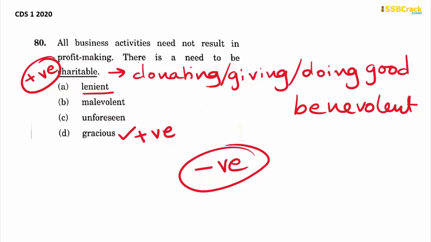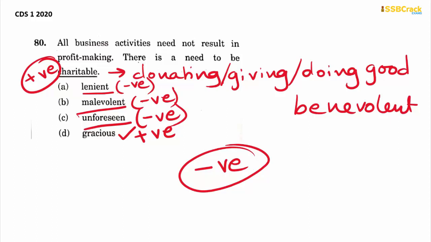Lenient means when you are inactive, when you are lazy. It's a negative word. Malevolent, when you are not doing good to the society. You are destructive, on the other hand, doing harm to the society. It's a negative word. Unforeseen is also a negative word, when you do not know what is to happen in the future. Now, if you look at the word charitable, that means you're doing good to the society.